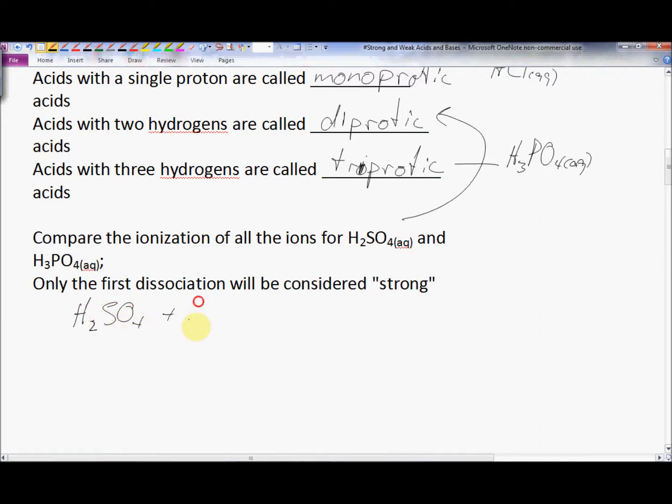The first thing it will do when it gets together with water is try to get rid of at least 1 hydrogen. So the first step is to release 1 hydrogen ion, and then we'll be left with HSO4 with a -1 charge.